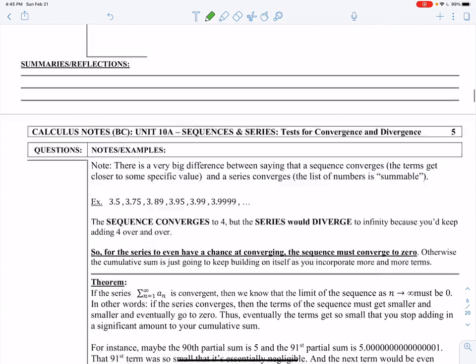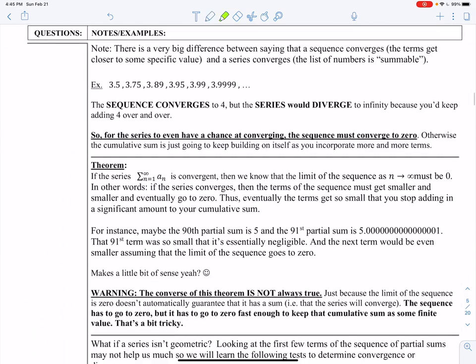And we mentioned that last time when we looked at this example right here. We said here is a sequence, and this sequence converges. It looks like it's converging to 4. But if this was a series, say 3.5 plus 3.75 plus 3.89 plus 3.95, this series would diverge because we are never going to actually get to a summable amount.